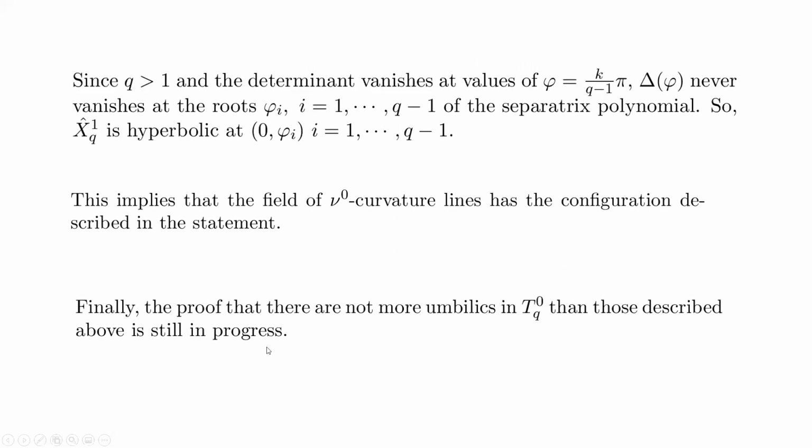Finally, I have to say something. The proof of the uniqueness of these points is still in progress, which means that in principle you could find more umbilic points, and it would be difficult to then describe the global foliation.